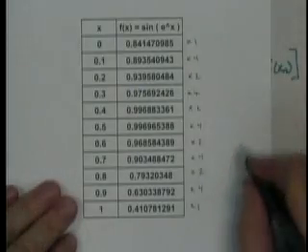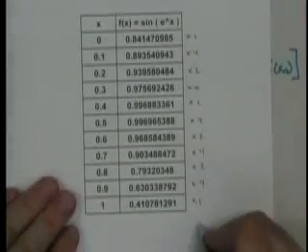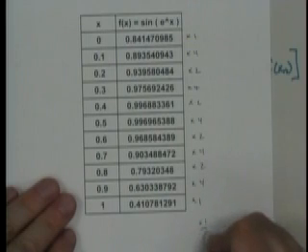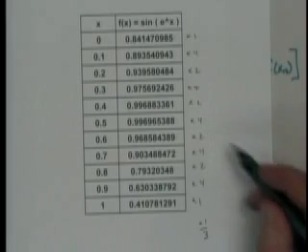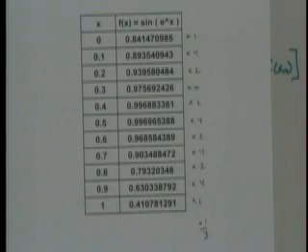Find what those values are, add them all up, and then multiply them by 0.1 over 3. This is supposed to be delta x over 3. And get your estimate for Simpson's rule, which is going to be closer, but we don't have time to do it right now.